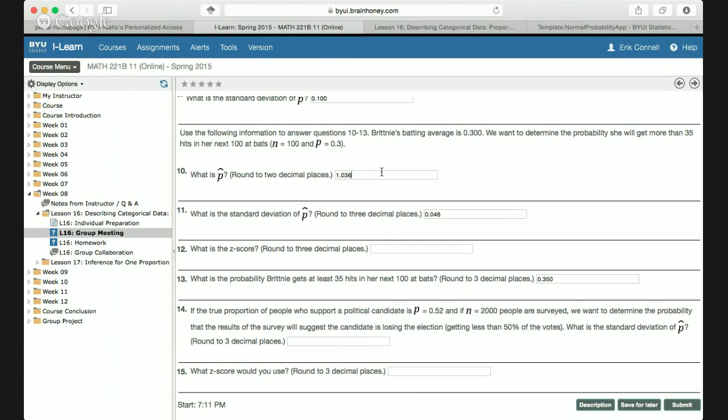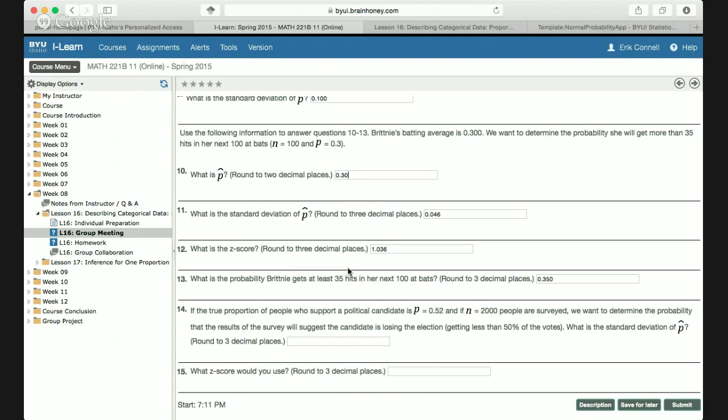And then what is the probability Brittany gets at least 35 hits in her next 100 at bats? And then that was x divided by n, so it's just 35 divided by 100, which is just 0.350.